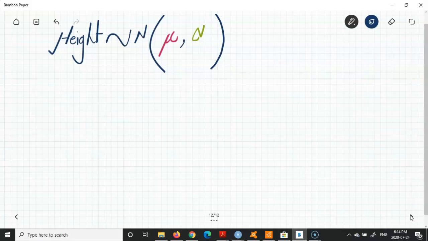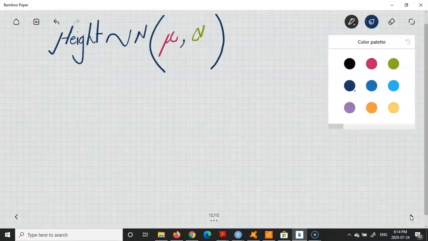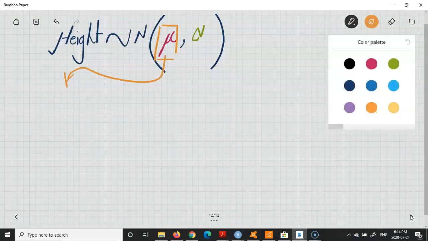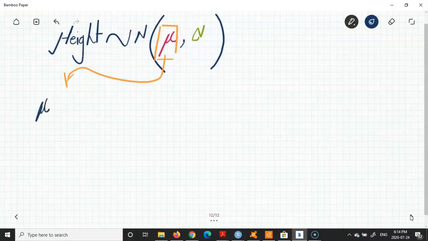However, we said that we design a parametric model. Why is it parametric? Because the mean that we have here is going to be given by a linear function. We said that nu, which is the mean of the women's height, is going to be given by ax plus b.